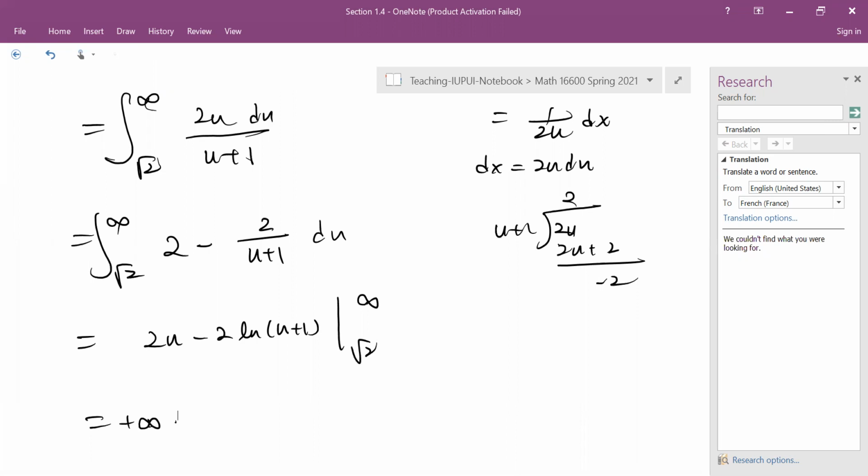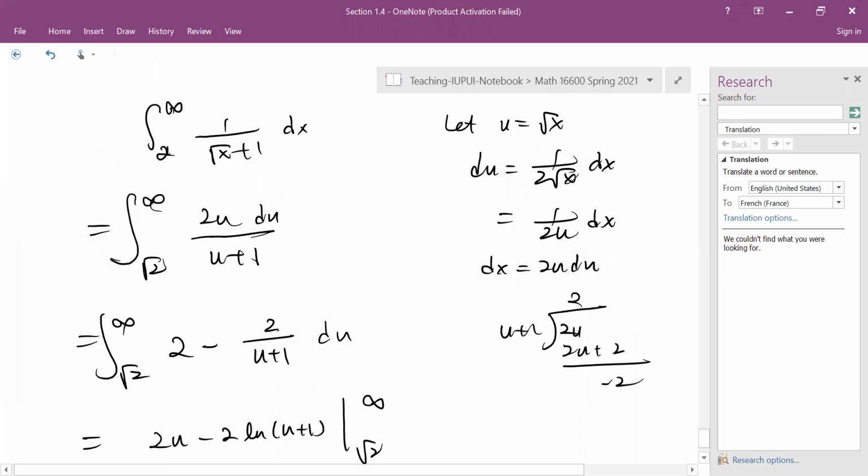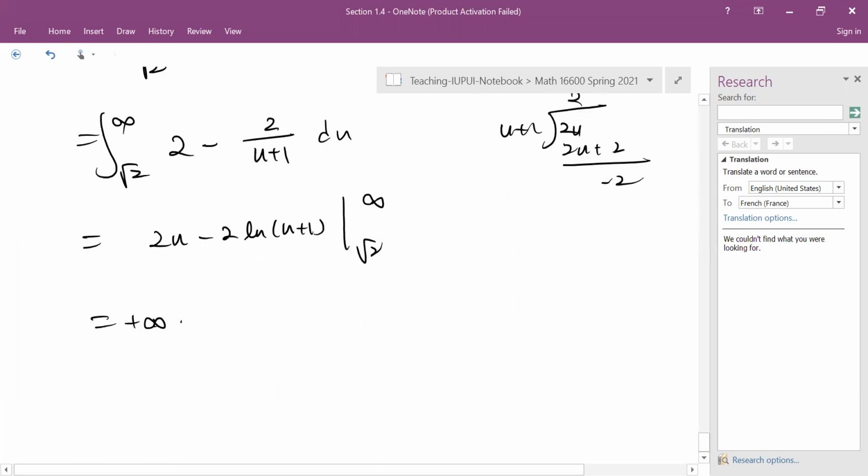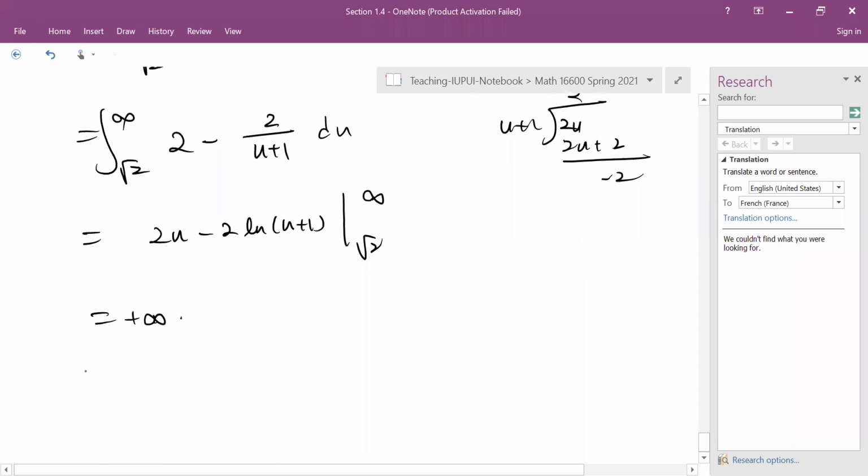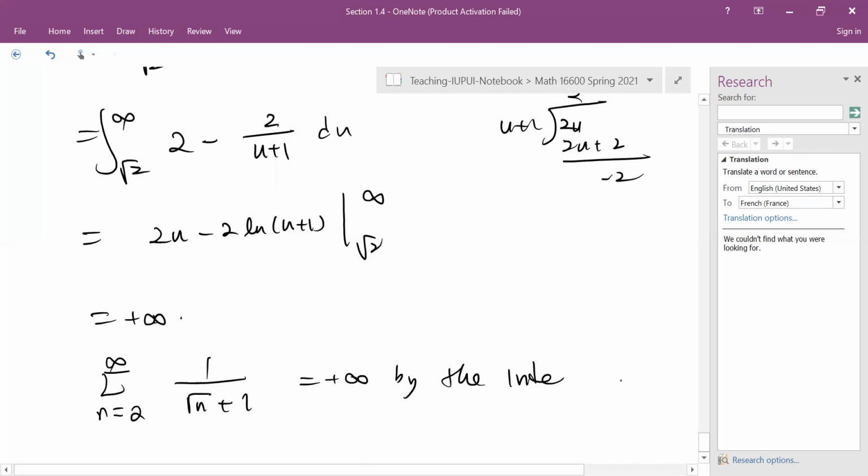Not too bad, right? By the integral test, this series from 2 is infinity by the integral test. Okay, good.